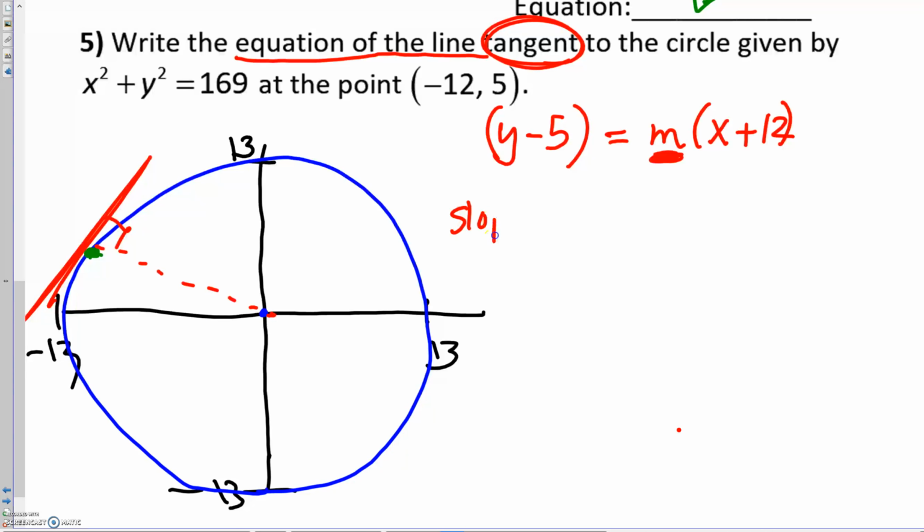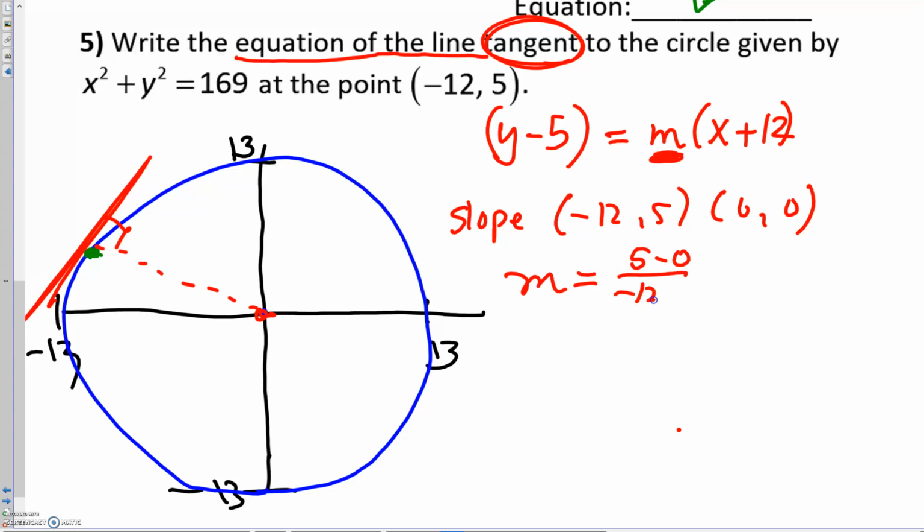I have the point (-12, 5), and the center, of course, is (0, 0). So the slope of my radius is going to be (5 - 0)/(-12 - 0), so 5 over -12, so a negative 5/12. And a line that's perpendicular to it, recall, is its negative reciprocal.